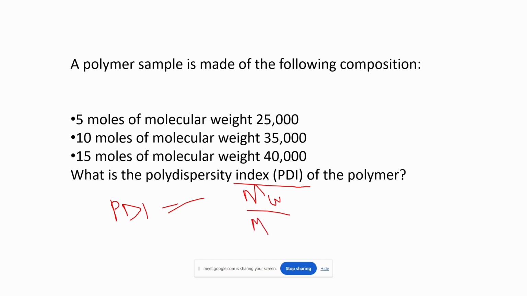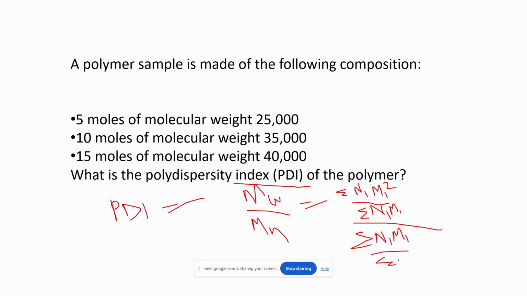Please excuse my writing. As you said, MW is summation of Ni Mi square by Ni Mi, and MN is summation of Ni Mi by summation of Ni.